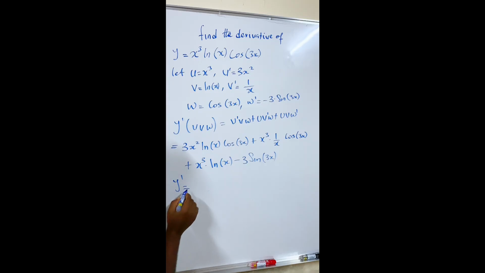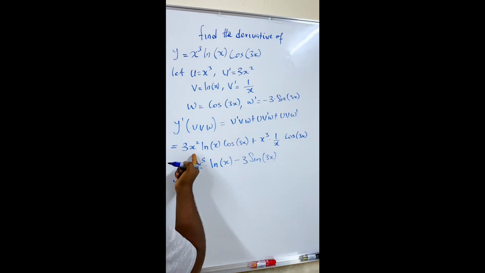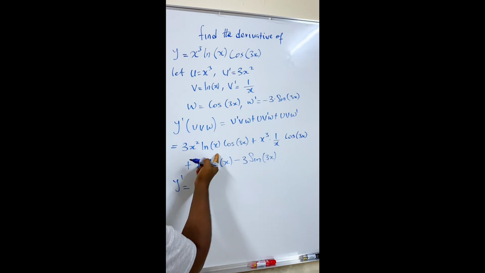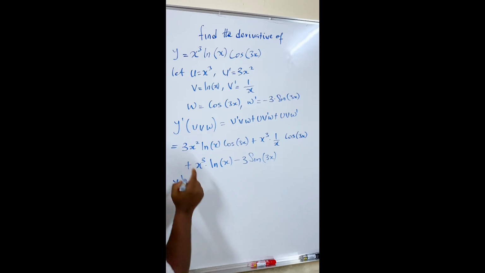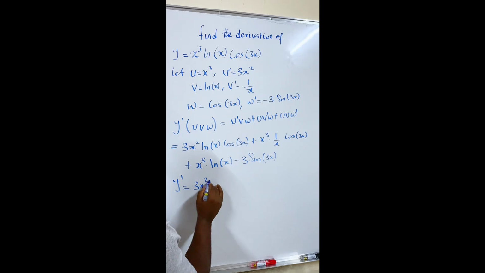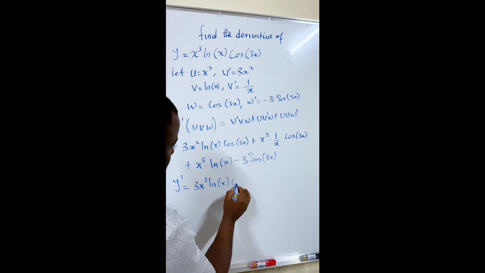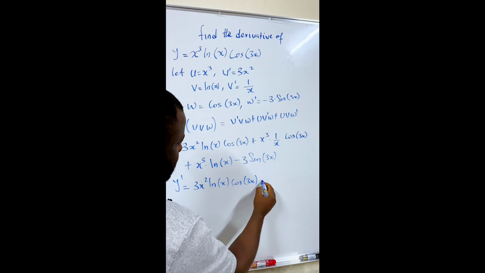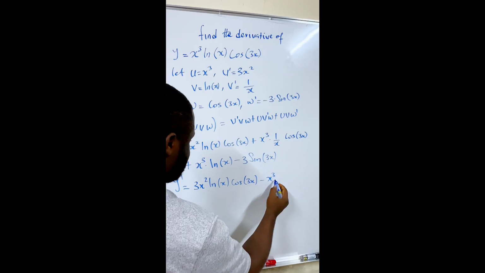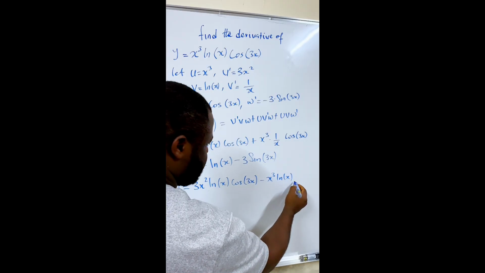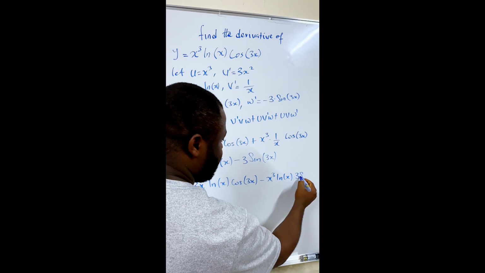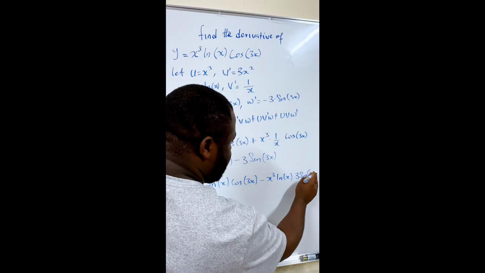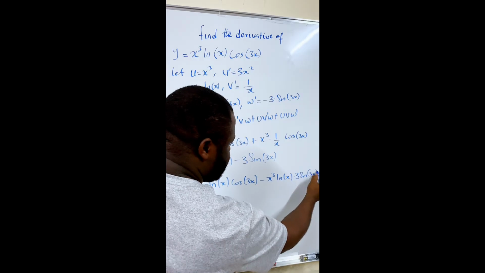y prime will now be equal to, we have ln x here and ln x here, so we can bring this together. I will have x cubed and x squared here. So this is going to be 3x squared ln x cos 3x minus x cubed ln x multiplied by 3 sine 3x.